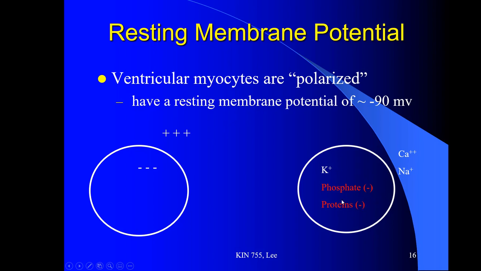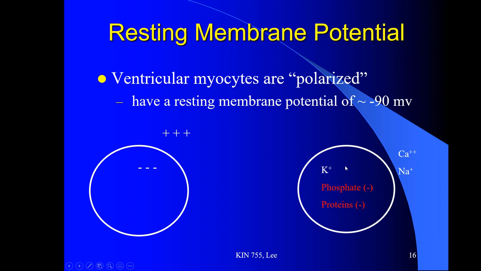One is just the concentration of different substances on either side. So you tend to get a lot of positively charged ions outside of the cell, more negative things like proteins and phosphate groups inside the cell. So that plays a role in it. But it also is a lot more complicated than that. It has to do with the permeability of the cell membrane to these ions.